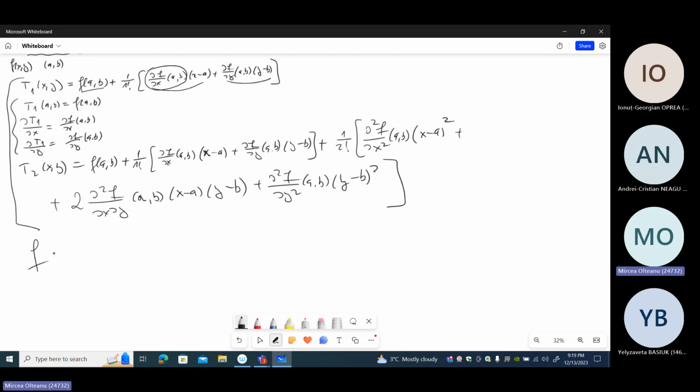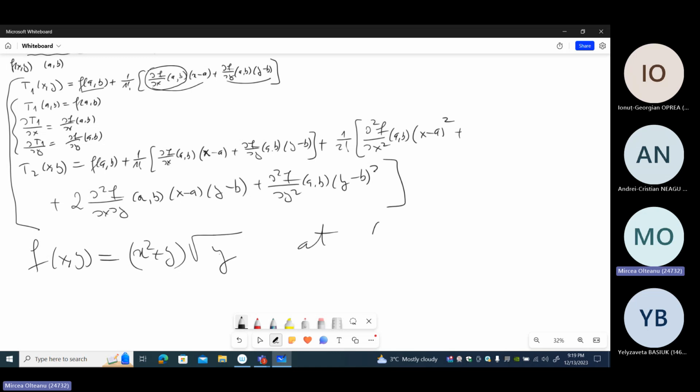Let's consider the function f of x and y equal, let's say, x squared plus y times square root of y.